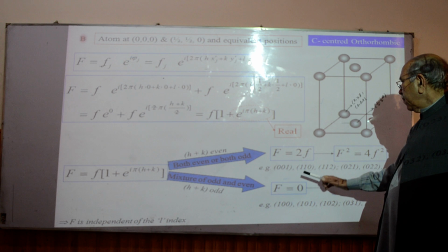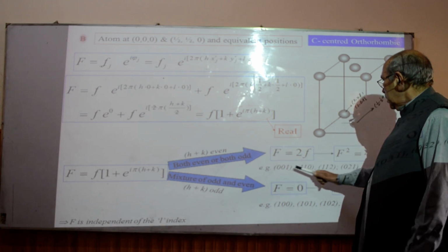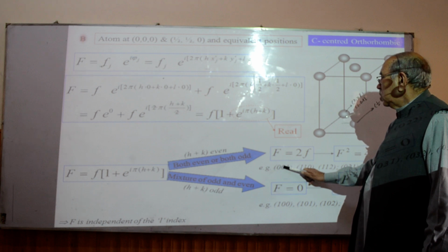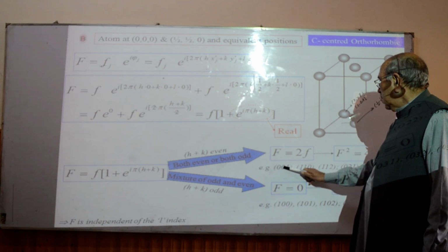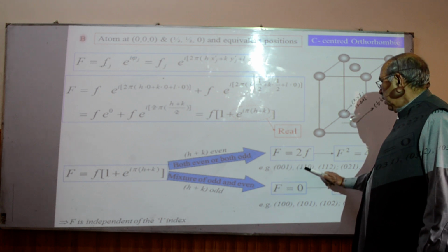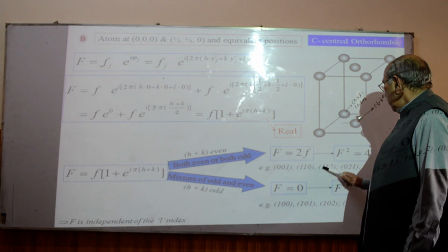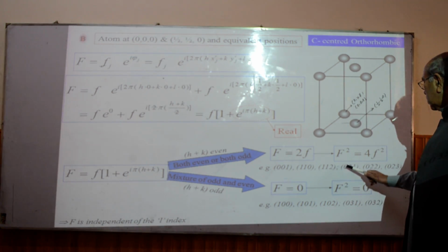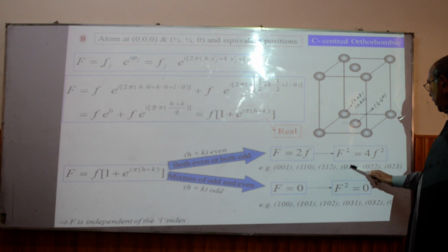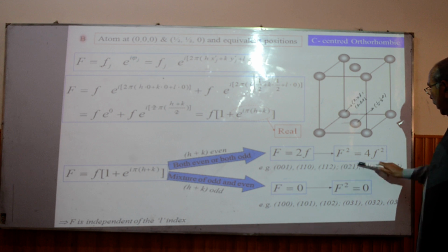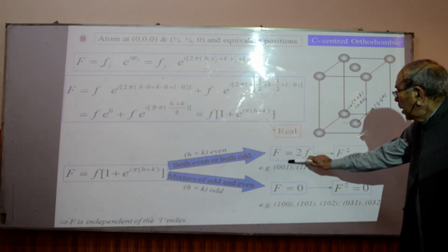You can see h plus k: this is h and this is k, adding them 0, 0 is always taken as even, so this is allowed. 1 plus 1, again even, allowed. 0 plus 2, again even, allowed. And any value of l can be there.